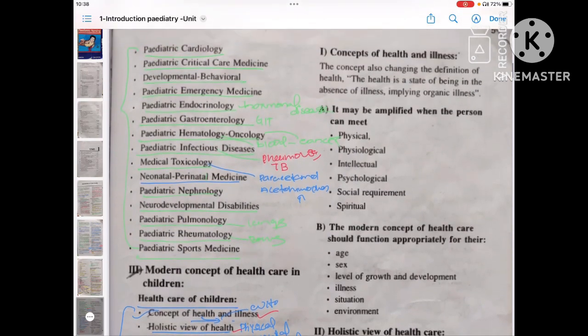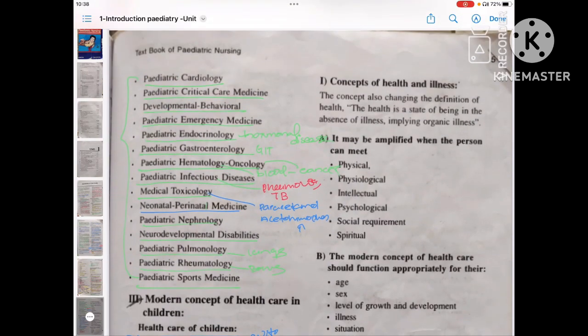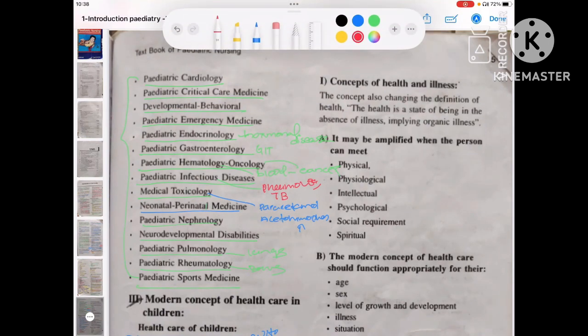So here, the first subheading is the concept of health and illness. As I said, it is a modern concept, and the concept is also changing the definition of health. Health was defined as a state of being in the absence of illness, implying the absence of organic illness.